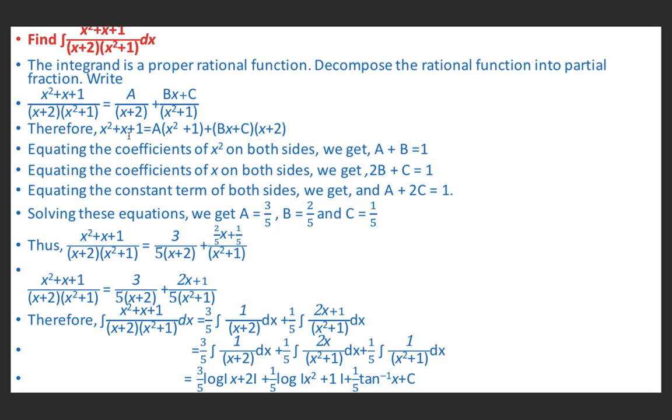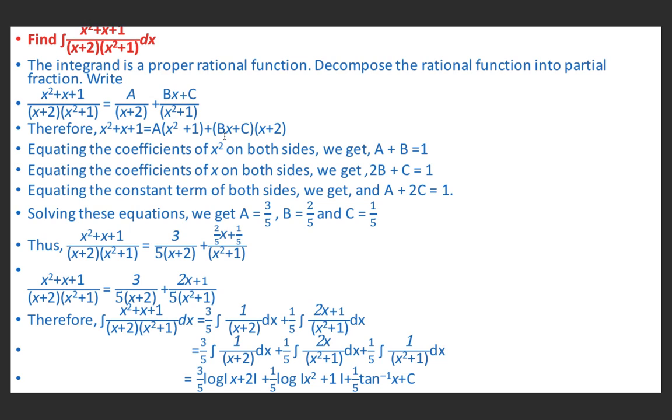Now the coefficient of x on the left is 1. On the right, in the first term there is no term of x, so 0. Now for the coefficient of x here, it is better to multiply it first if you have some problem, but I am writing it directly.